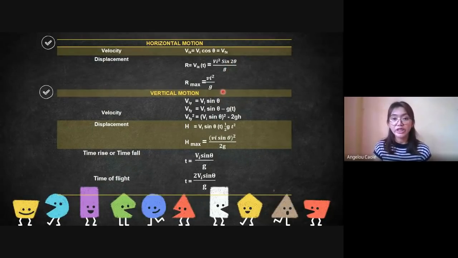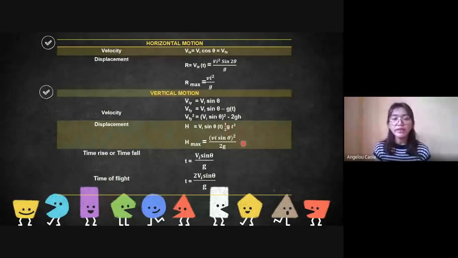For the vertical motion, we have velocity, V_iy is equal to V_i sine theta. For the final velocity, we have V_i sine theta minus gt, or V_fy squared is equal to (V_i sine theta) squared minus 2gh. For the displacement, we have V_i sine theta times time minus 1/2 gt squared.